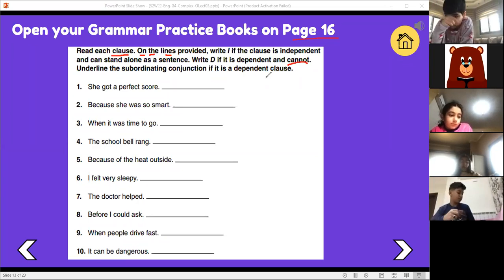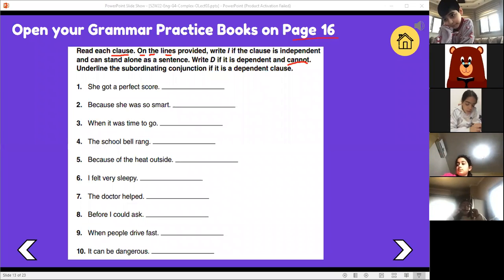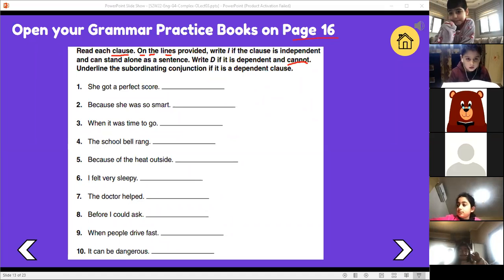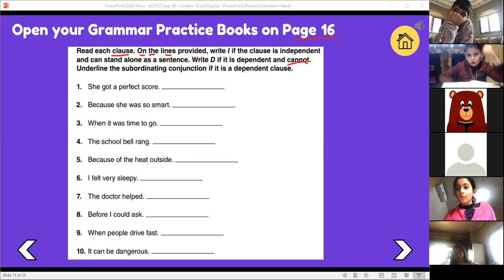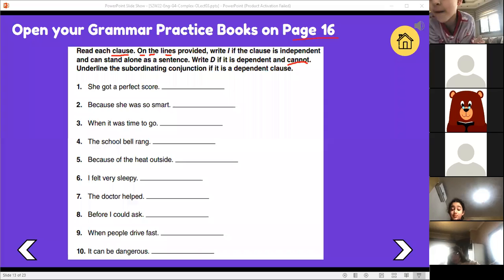Like, because she played. If I start the sentence with a subordinating conjunction like because, then it will be a dependent clause. I think you are right, Rev, because if I say because she is nice, it doesn't make any sense.